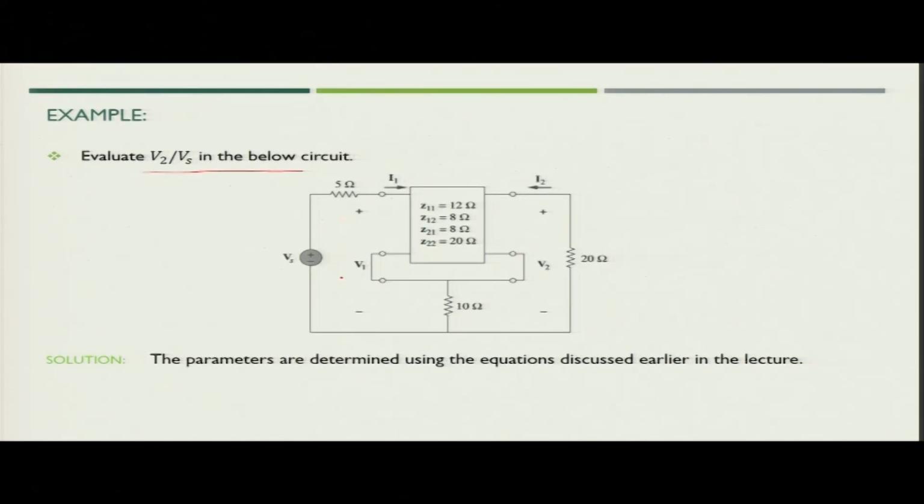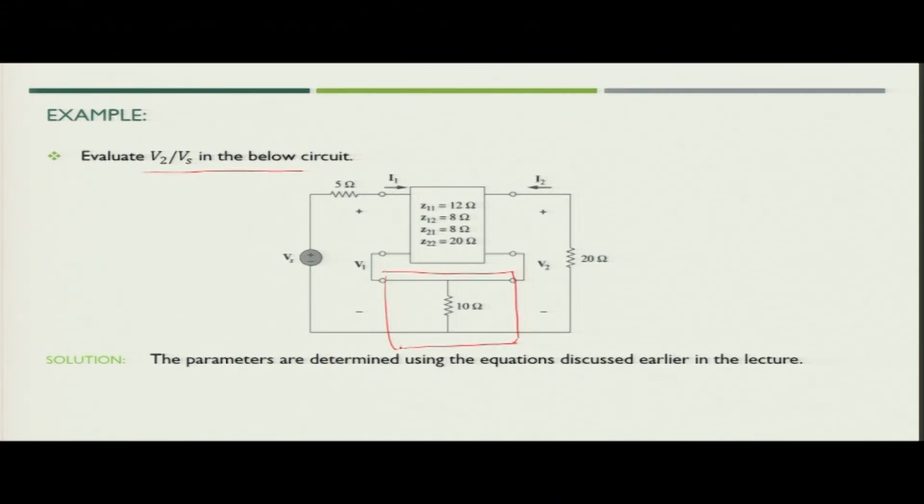Since these two are connected in series, we can simply take the Z parameters of the second two port network and sum up these two Z parameter matrices to get the Z parameters of the overall network. So, first, we know the Z parameters of the upper network. Next, we have to find out the Z parameters of the lower network.